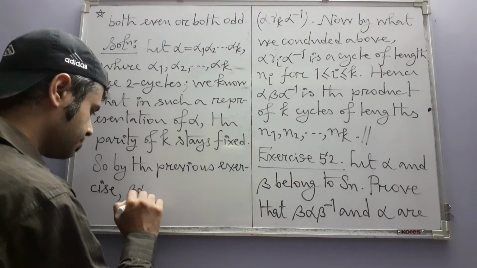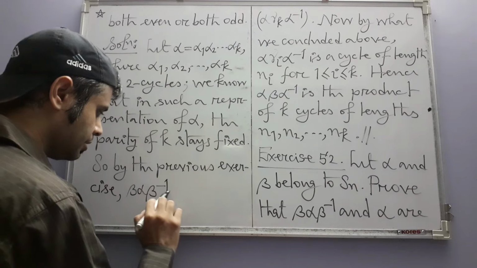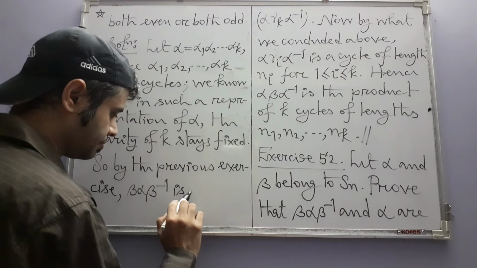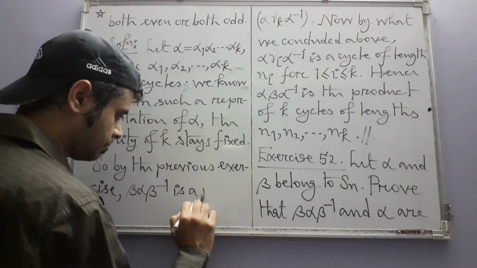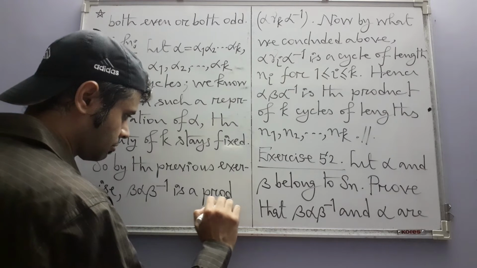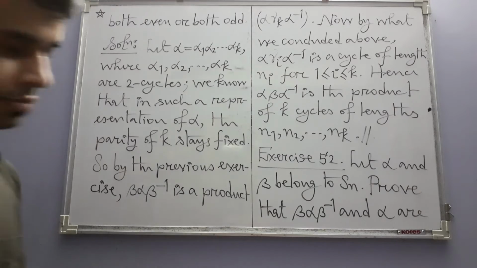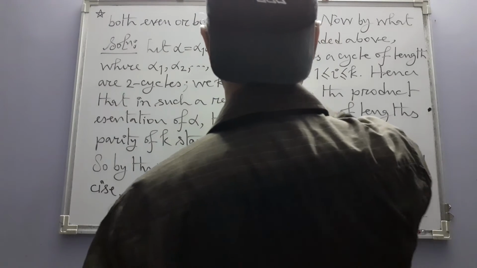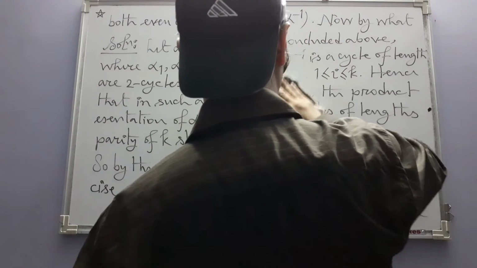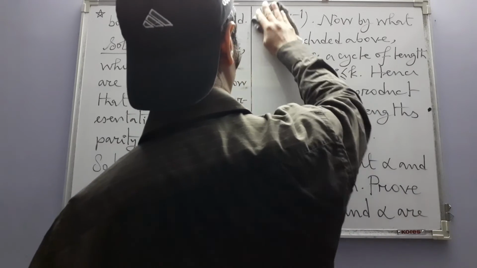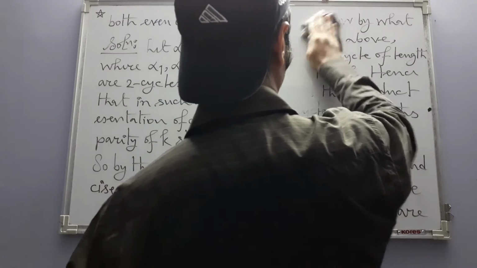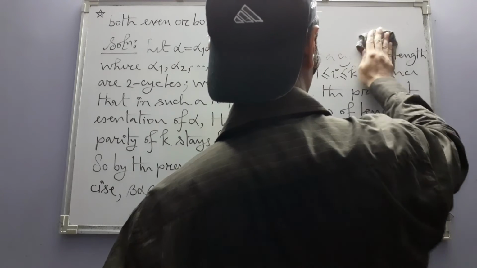Beta alpha beta inverse is a product of k 2-cycles.